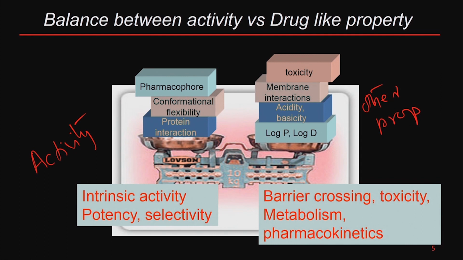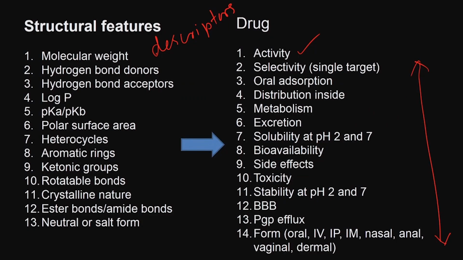Maybe it does not cross the GI tract, or maybe it gets degraded, whereas the second most active drug in your lab may have all the other properties. So, it is better to take the second most active drug into the market through the clinical trials rather than bet on the first drug, or make modifications to the structural features of the drug, so that we get better results if there are any issues on one of those properties.